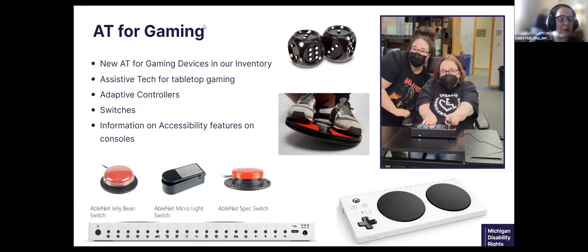So we've talked about the adaptive controllers and the adaptive switches. We also have a lot of information on accessibility features on consoles. Consoles are not quite up to where they need to be with regard to accessibility, which can be frustrating sometimes, but our gaming AT specialist Abby also knows a lot about the accessibility features on the consoles and within specific games.